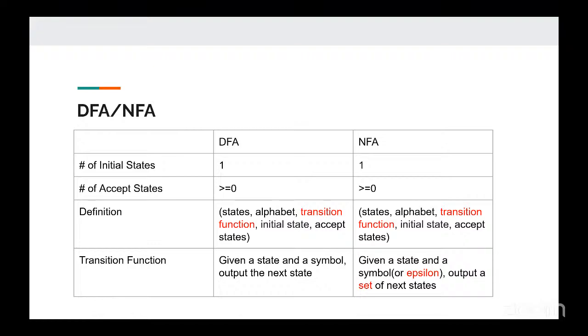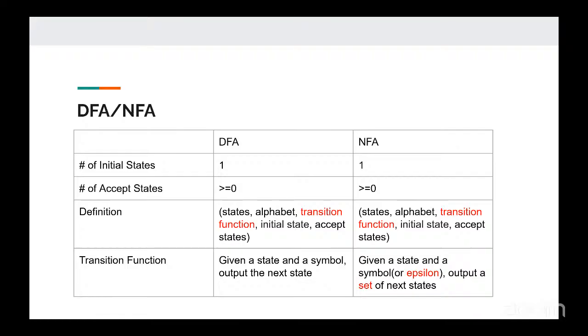They are very similar. You can see on the table that the only difference is the text highlighted in red. Everything else is the same, including the initial states. With any finite automaton, you start somewhere, and you can have 0 or more accept states for either of these models.